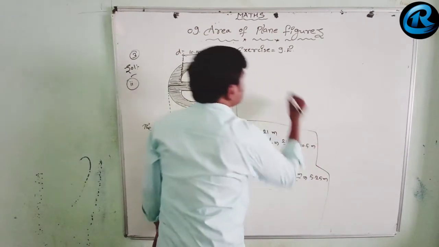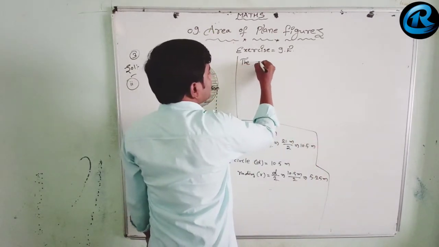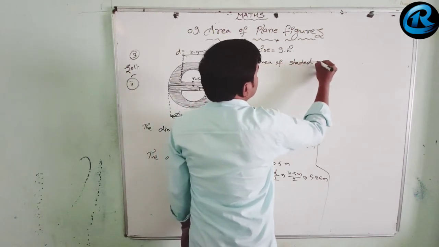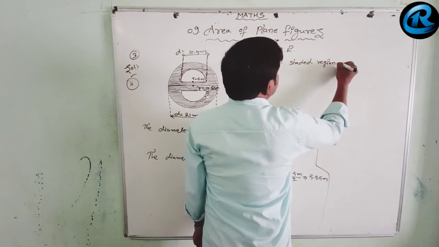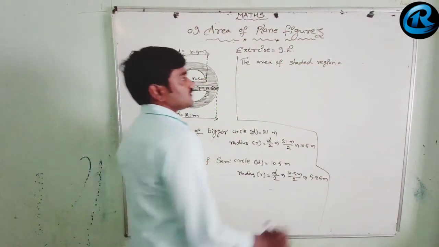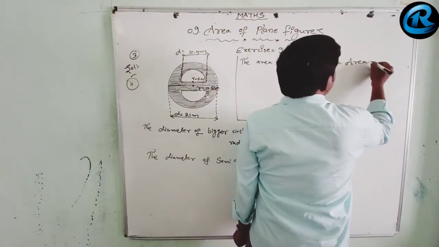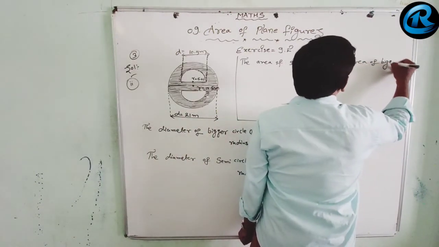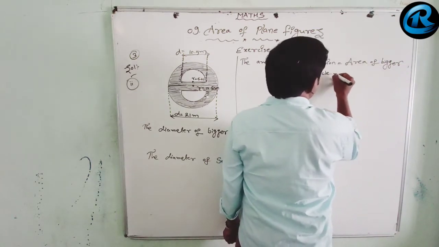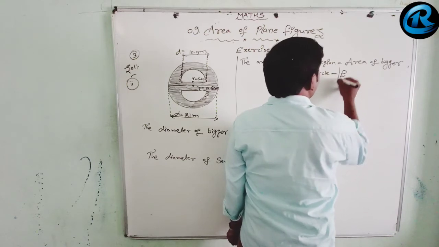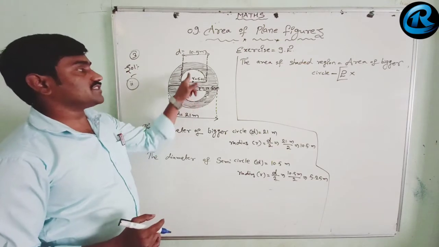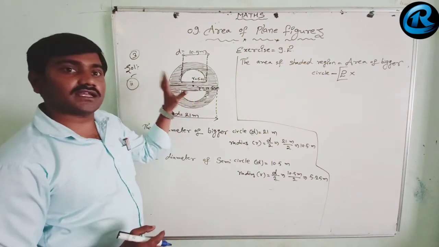Now we can find out the area of shaded region. Shaded region equal to area of bigger circle, complete circle, minus 2 into area of semicircle. Why subtract? Because this is not shaded, so it is subtracted.